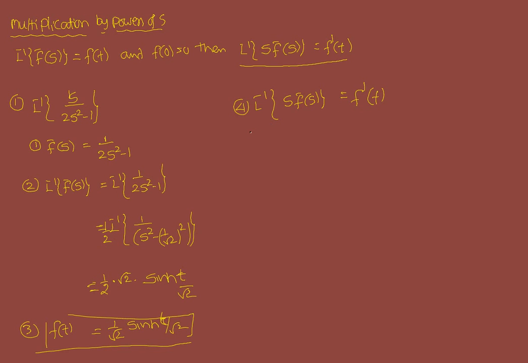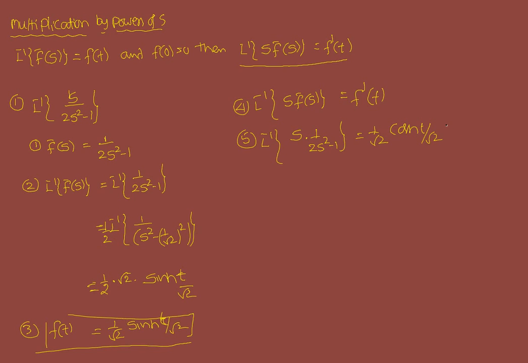Already we know f of t, therefore we can find f dash of t. L inverse of s f bar of s, that is 1 by 2s square minus 1, is nothing but f dash of t, which is 1 by root 2 into cos t by root 2 differentiation.